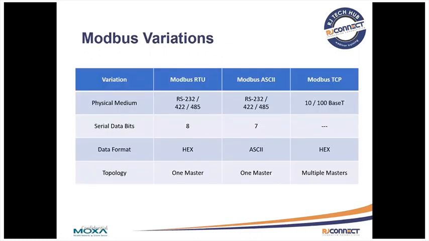So what are the differences between the Modbus variations? Typically with Modbus RTU, the only difference between RTU and ASCII is the amount of serial data bits that we use and the data format. But our topology only allows for one master. With Modbus TCP, we have the ability to have multiple masters on the same network.